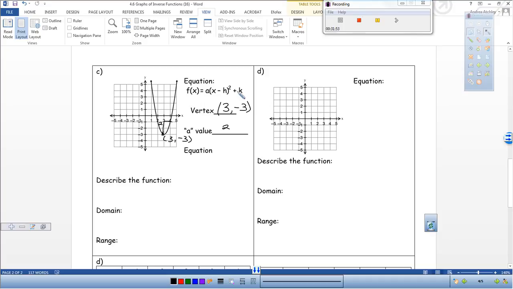You're just going to plug it right into the a times x minus h squared plus k. This is h, this is k. So your equation is going to be f of x equals 2 times x minus 3 squared minus 3.